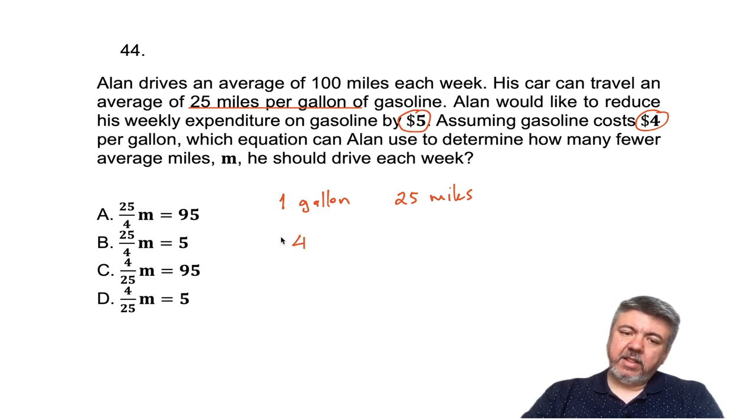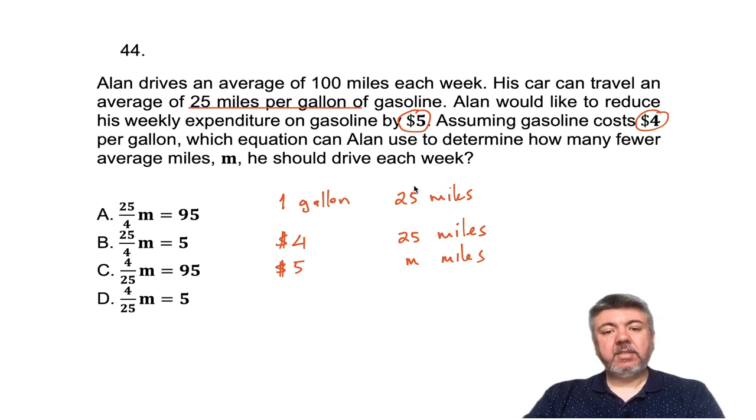So $4 makes him go 25 miles. So he wants to reduce cost by what? $5. So $5 means how many miles? M miles, let's say.